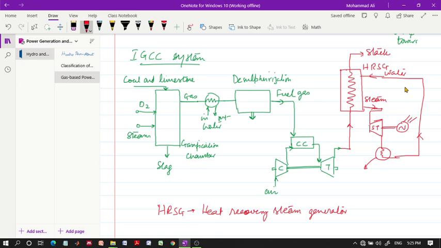This is what? A condenser. In this condenser we are entering the water and water is coming out. This goes to the cooling tower. Okay, so this cycle goes on like this.